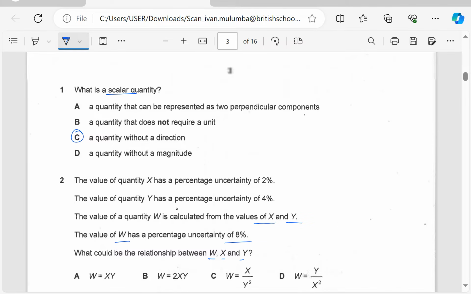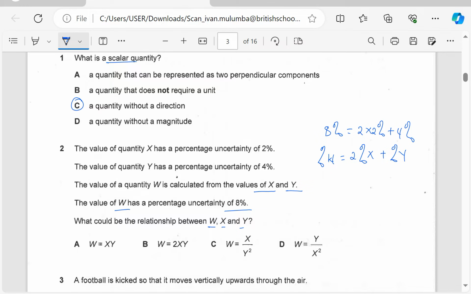If you're a mathematician, you'll notice that 8% is the same as 2 times 2% plus 4%, which means the percentage uncertainty in W is the same as 2 times the percentage uncertainty in X plus the percentage uncertainty in Y.